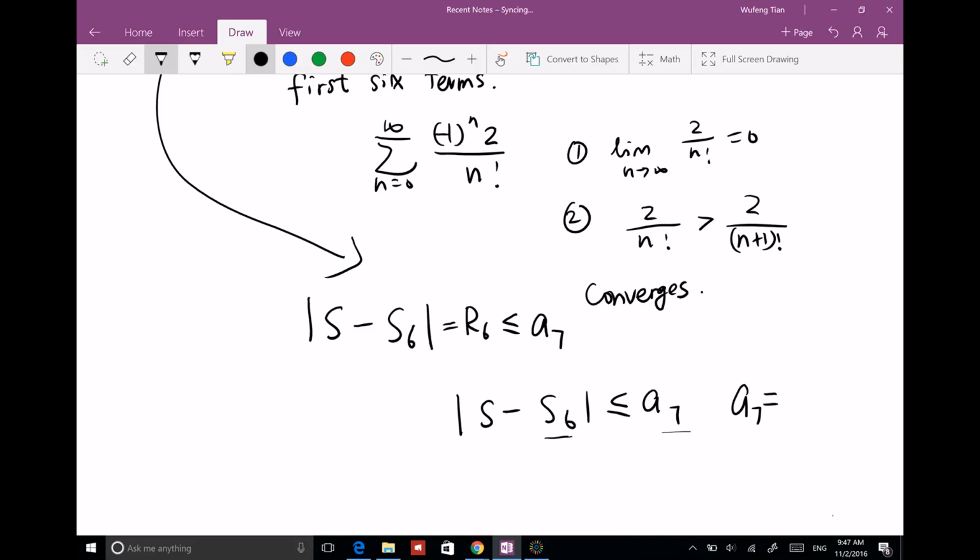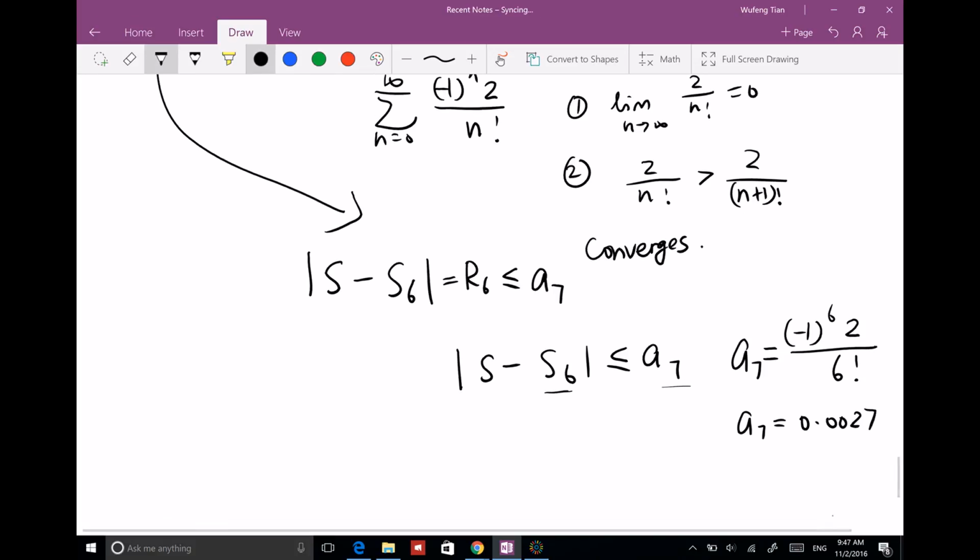A7 is negative 1 to the power 6, because the first term is n equals 0, the second term is n equals 1, so the seventh term is n equals 6, and 2 over 6 factorial. So I can find a7. It's given as 0.0027.